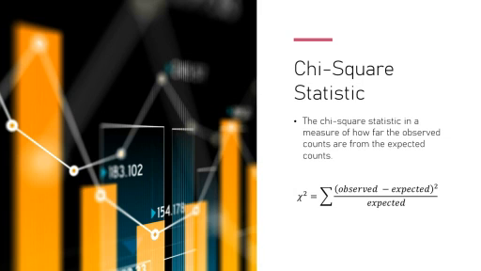You will do that with every single category that you have in an example. Once you have that, you add them all up, and you get your chi-squared value. A large chi-squared value means rejection.